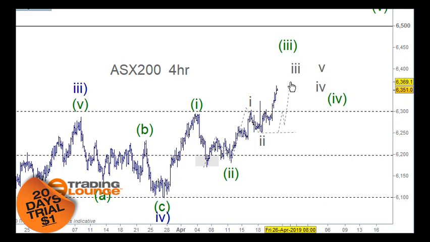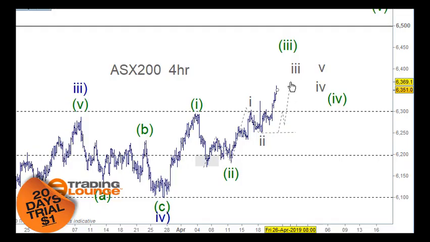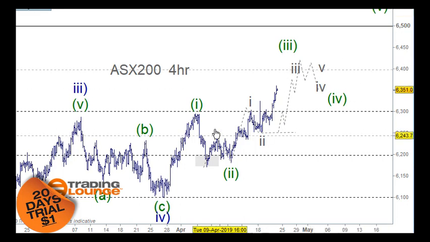And this would be wave 3 up here, coming into this space, and then there'll be wave 4 and wave 5 here. So we could realistically expect some type of corrective pattern across the 6,400 here.